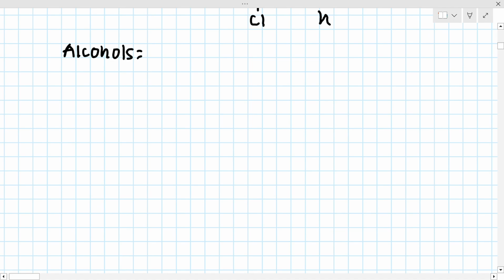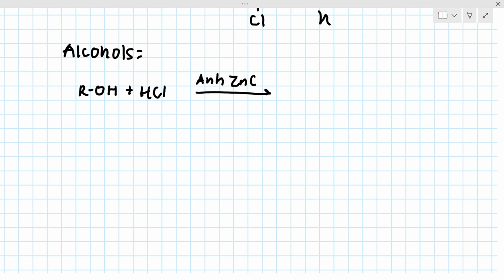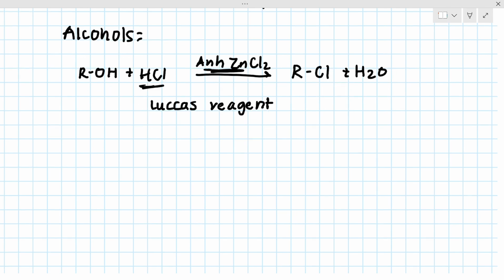First one is alcohol plus HCl in the presence of anhydrous zinc chloride, which is going to give you RCl plus H2O. This HCl and anhydrous zinc chloride together is called Lucas reagent. This is one method of preparation.